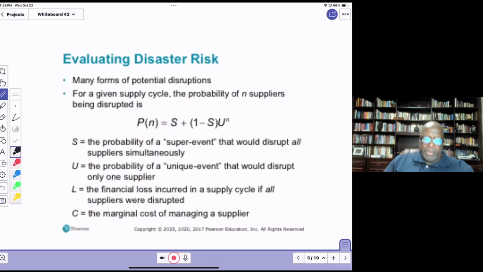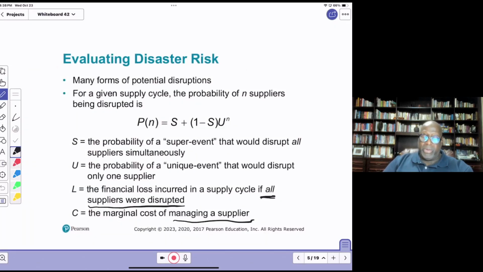All right. So let's remember the formula. The formula is the probability of a super event times 1 minus the probability of that super event times the probability of all of the units or suppliers being interrupted at the same time. All right.